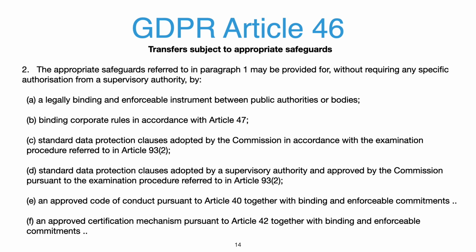We'll look at that in a minute. Then there are standard data protection clauses adopted by the Commission, so there's like a template. In Article 46.2e, we can see you can use an approved code of conduct, or indeed there can be an approved certification mechanism, together with binding and enforceable commitments.